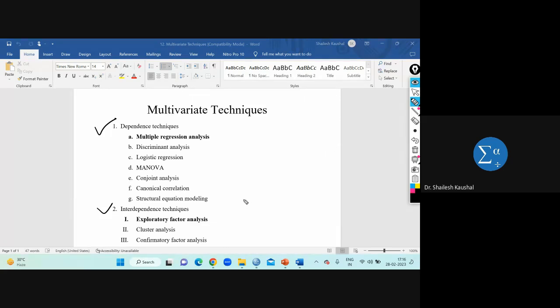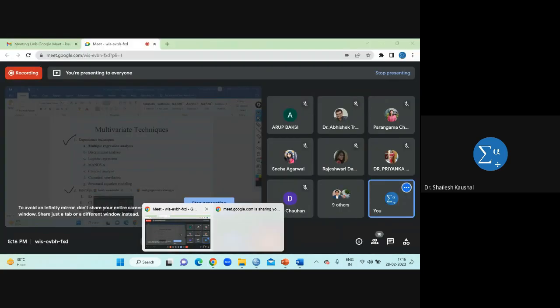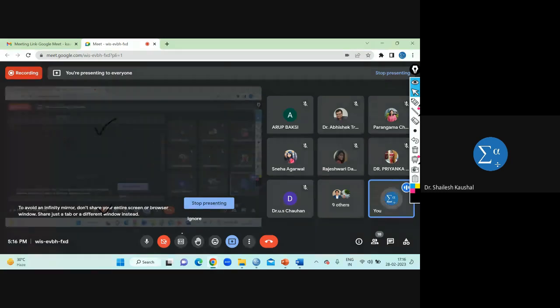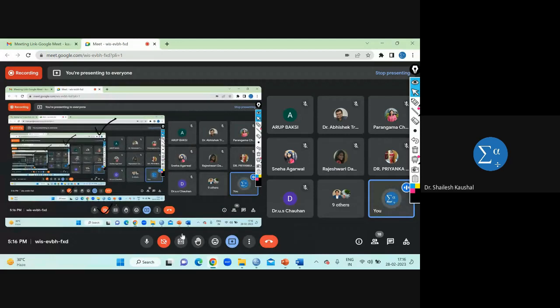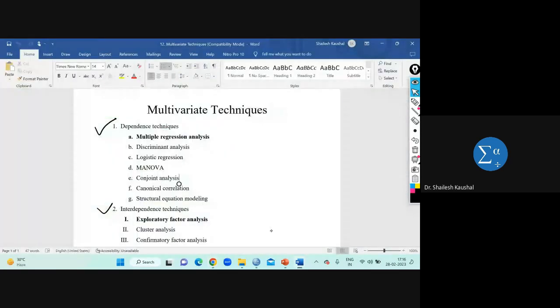Can anybody tell me the difference between the dependence and interdependence technique? Would you like to explain? Anybody who would like to differentiate between dependence and interdependence technique?